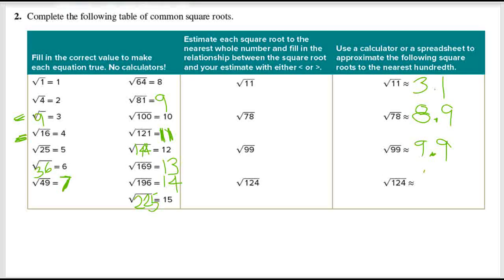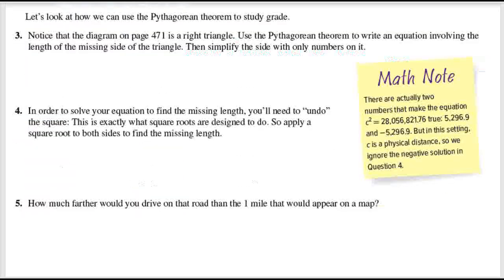So I'm going to say 11.1, just as an estimate. Hopefully you do these on your calculator. You'll see how close my estimates are. Purpose of this is to get you to think about what's a reasonable number. Helps you make sure that you enter things in your calculator correctly.